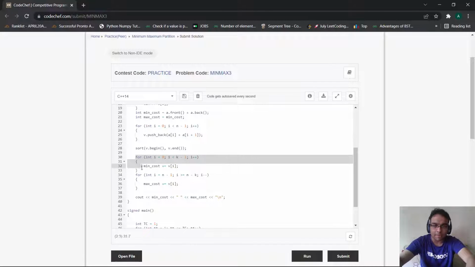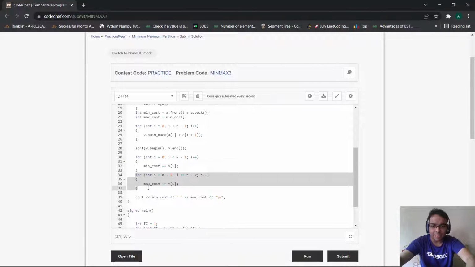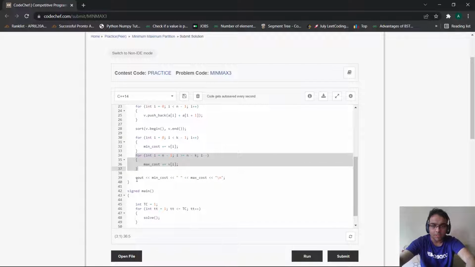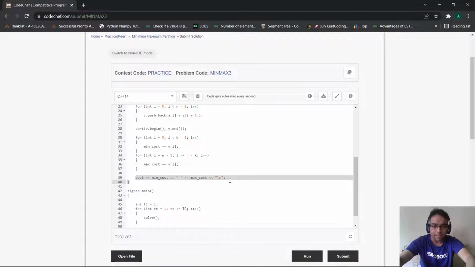So for k minus 1 values, I added those values to my minimum cost, denoting that I'll partition over those elements. And for the maximum cost, we'll select the last k minus 1 values. That is the idea. So we selected the last k minus 1 values for the maximum cost and we output our minimum and maximum cost.